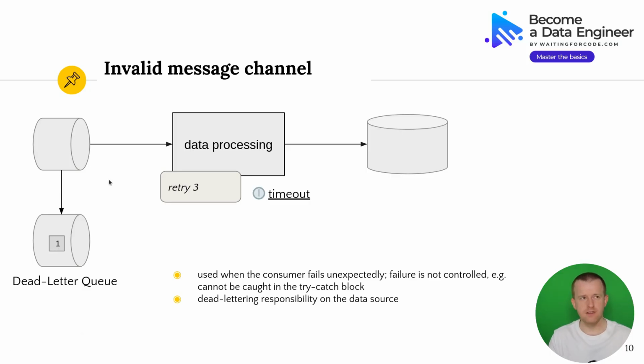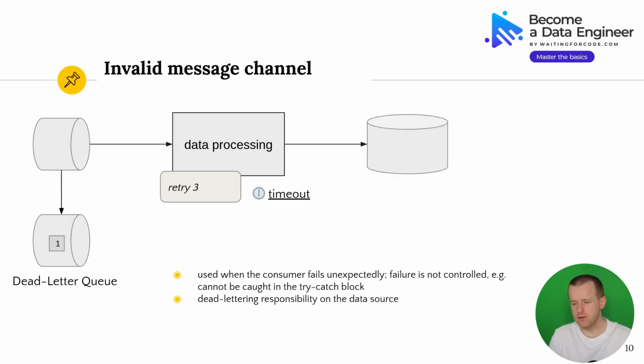So for example, maybe most often you will find this approach in message queues when there is some acknowledgement delay, and if during this delay the data processing doesn't acknowledge the record a certain number of times, like for example here we had 3 retries, then the data source considers this record as not processable and writes it to the dead letter queue on its own.